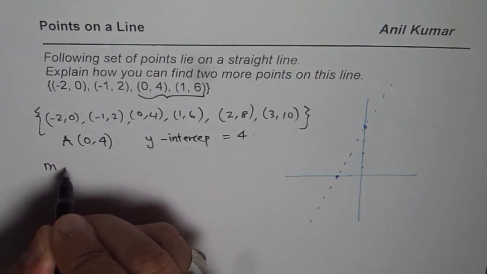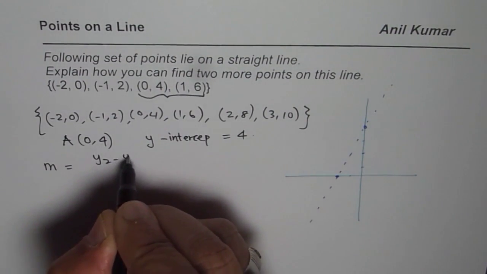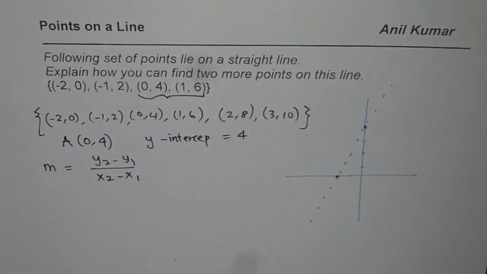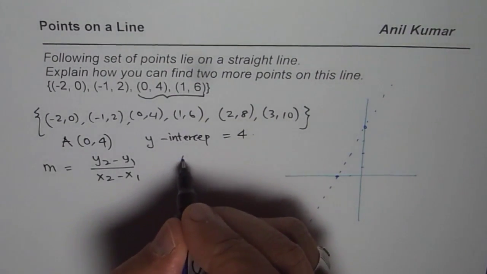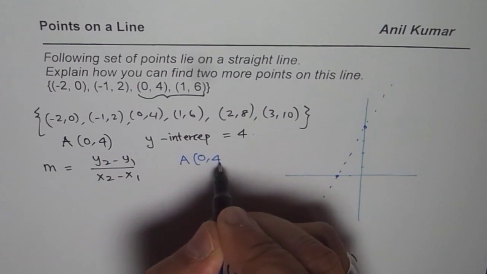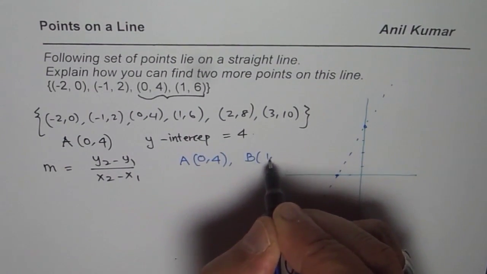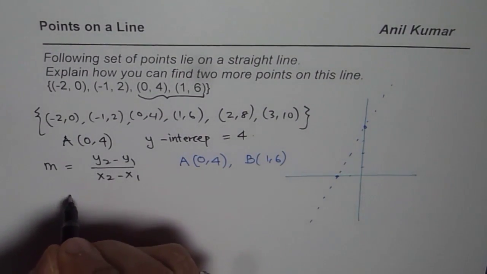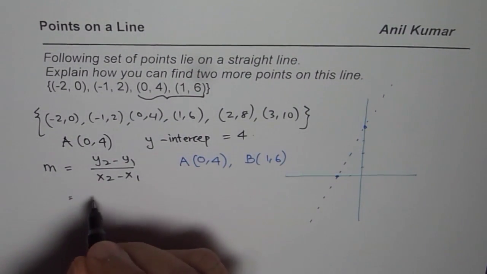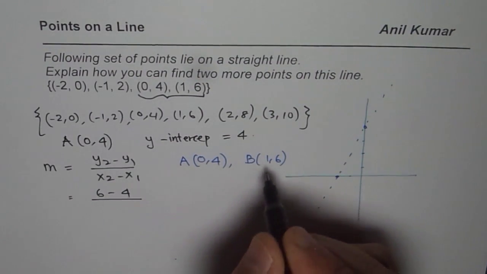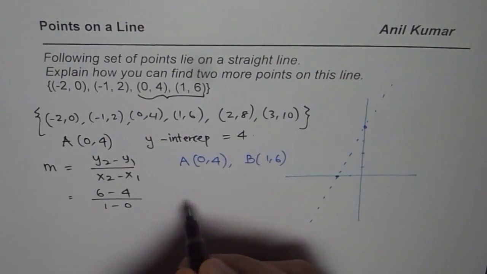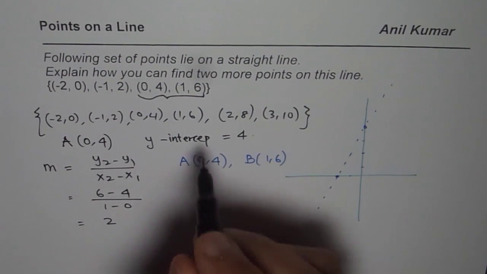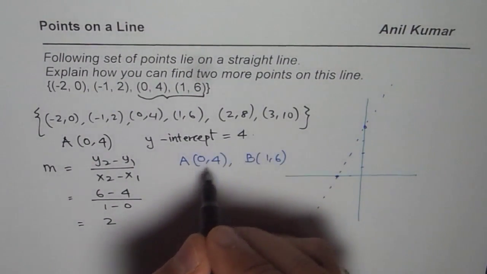So let's find the slope m, which is y2 minus y1 divided by x2 minus x1. We have selected the points A and B, where A is 0, 4 and B is 1, 6, correct? So y2 minus y1 really means, let's take this as the second point, we have 6 minus 4 divided by 1 minus 0. So that gives us 2, right? So slope is 2 and we know the y-intercept is 4.